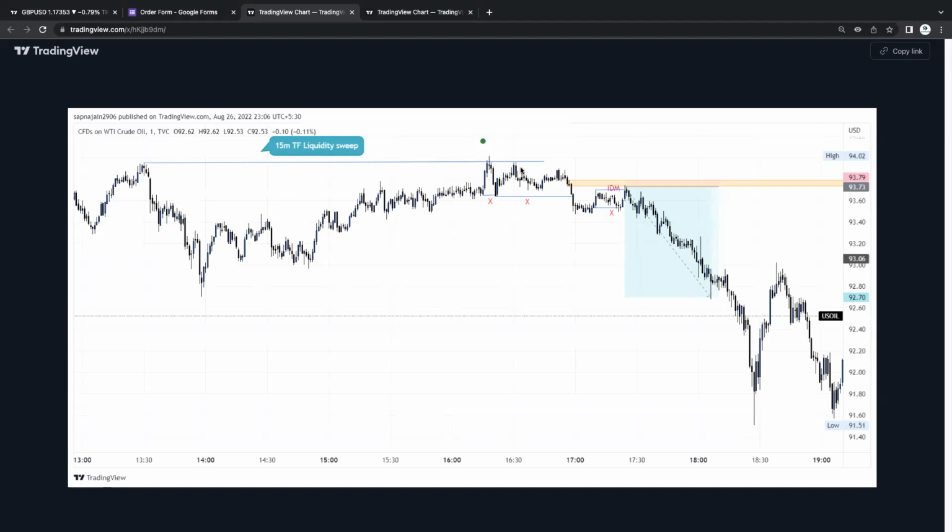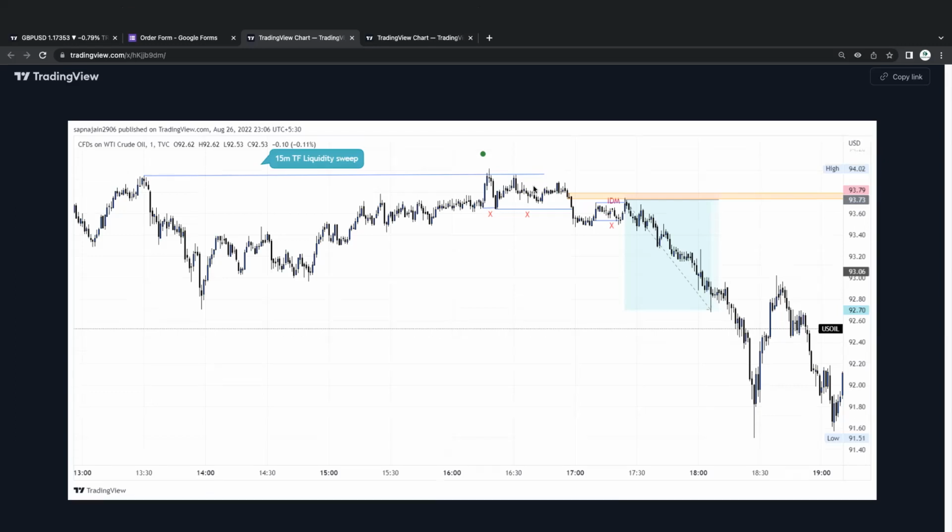Higher time frame sweep, perfect. Choch. Okay, so at this point, you can see this is your change of character here. You have to pay attention to lower time frame confirmation, but the market did not give any inducement in the lower time frame.